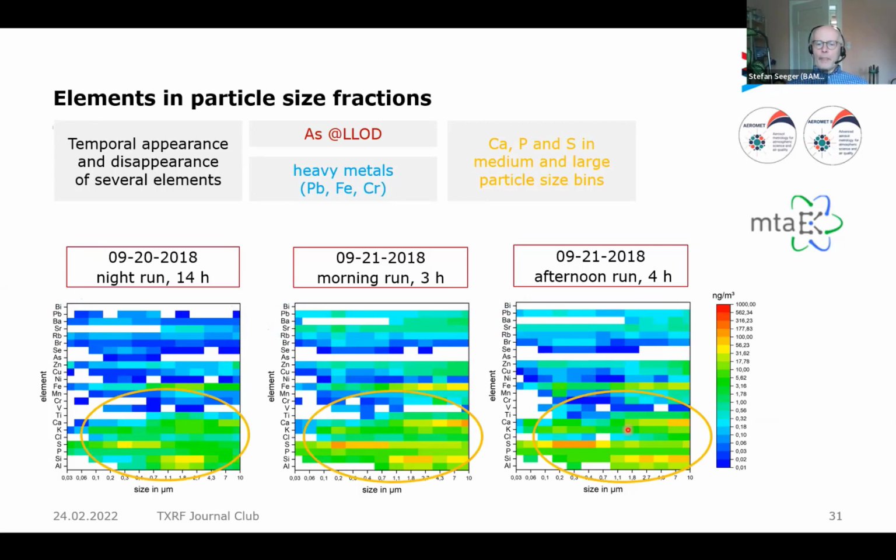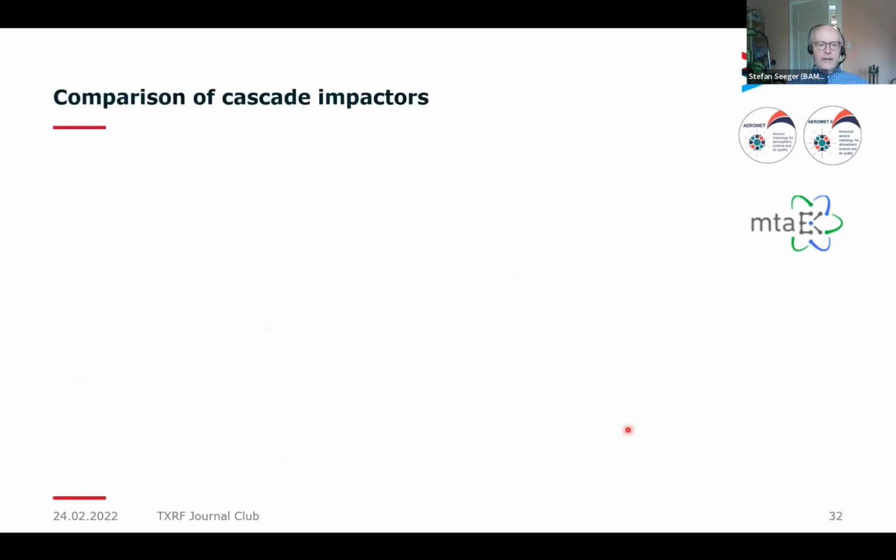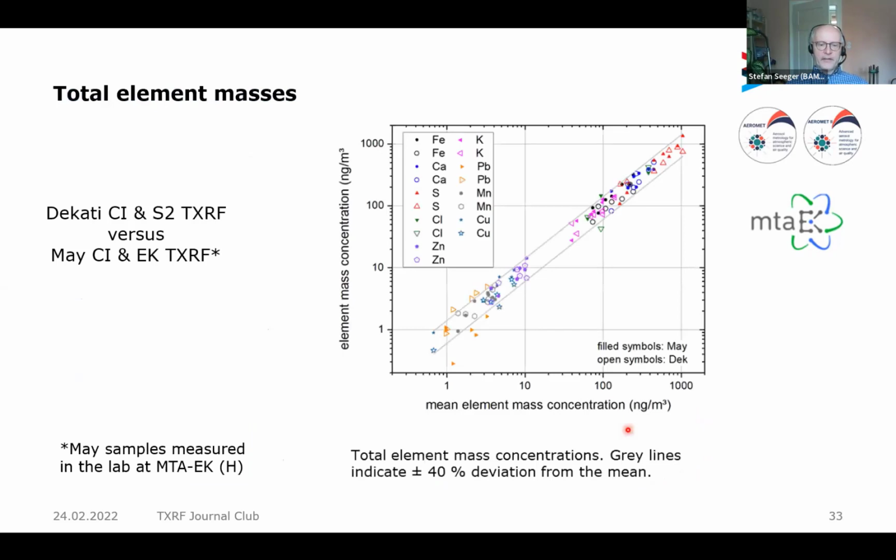And I would like to show another result. I mentioned that we have different designs of cascade impactors here, and we have compared these two cascade impactors quantitatively, and here the difference is shown between these two.